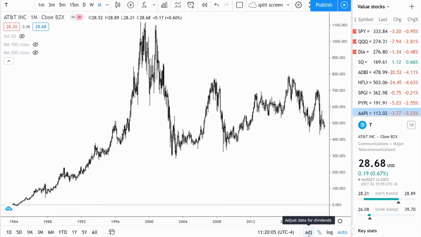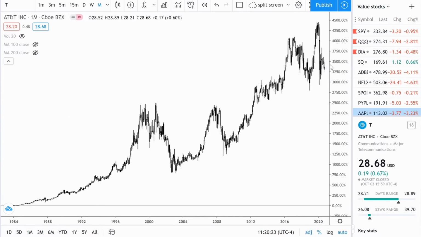If we click on this, this is adjusting the data as if you were to take every dividend that you made from AT&T and reinvest it back into the company. And here's the difference. Remember, without it is 500%. With it, over 3,000% over the course of 36 years.